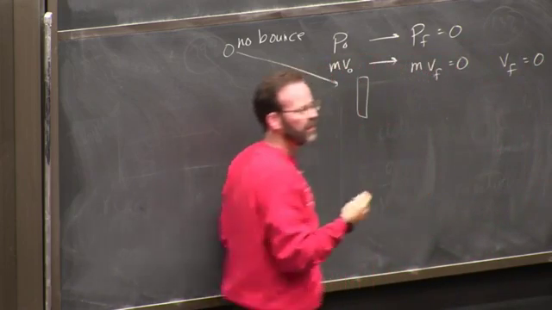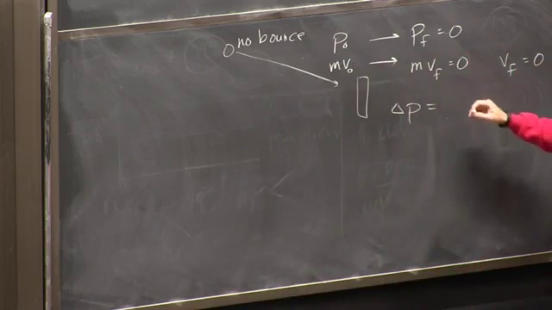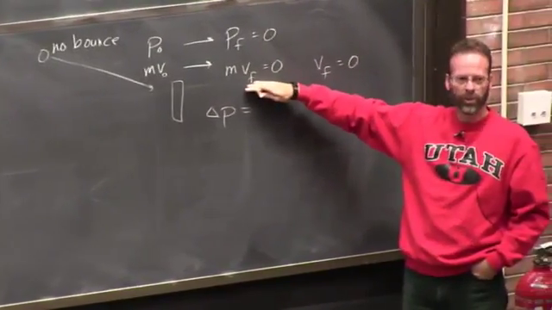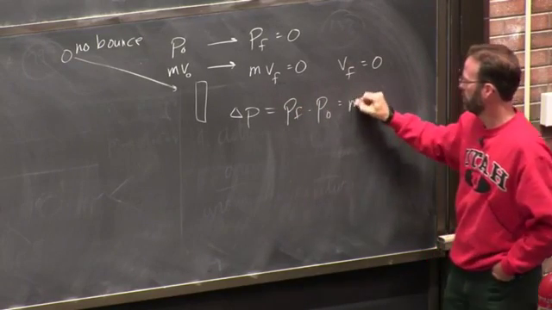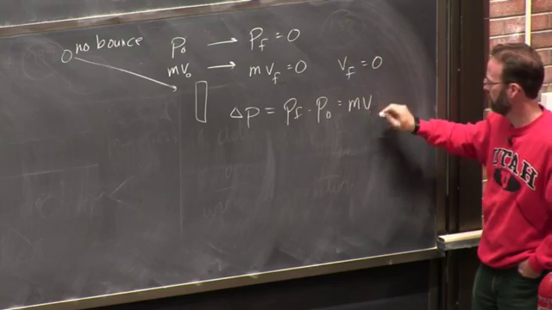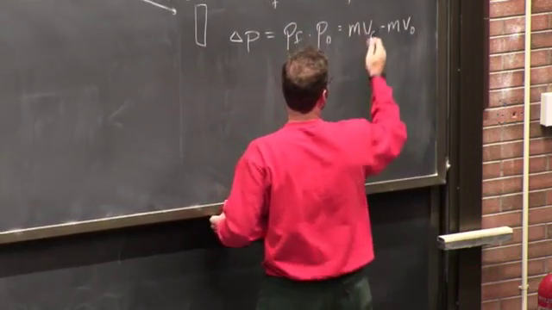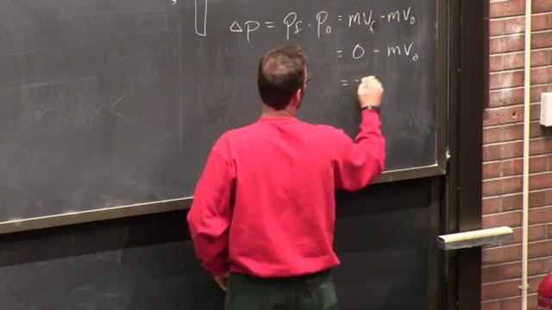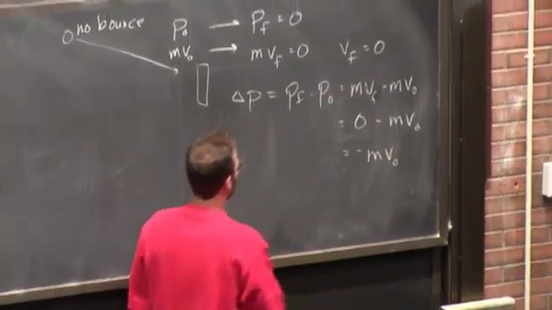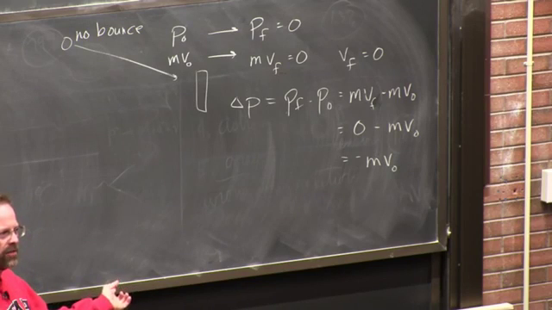It stops. So its change in momentum is the final momentum minus the initial momentum, which is mv final minus mv initial. The final was 0. So its change in momentum was a negative mv. Do you see that? Let me pause for soaking in.